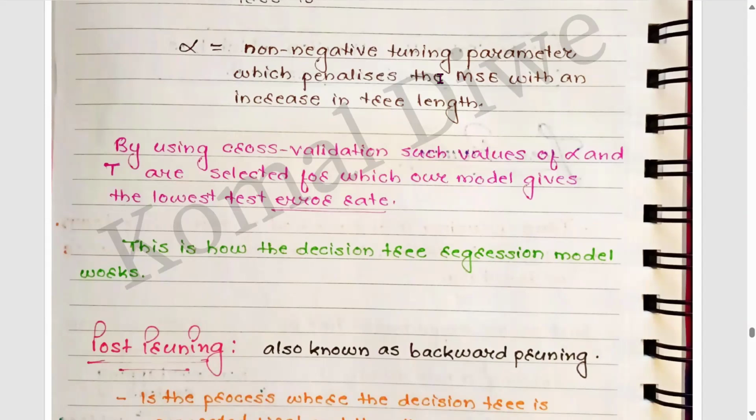That means we have to consider only those values of alpha and T for which our model gives the lowest test error rate. That is the meaning.